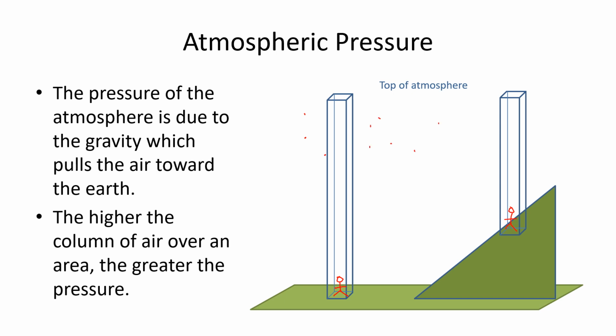Up here the air isn't as tightly compressed, and as you go down the mountain closer to sea level, the concentration increases because it's all being squished by the air particles above. So a lot more air particles are bouncing around against you down here closer to sea level than if you're up higher on top of a mountain.